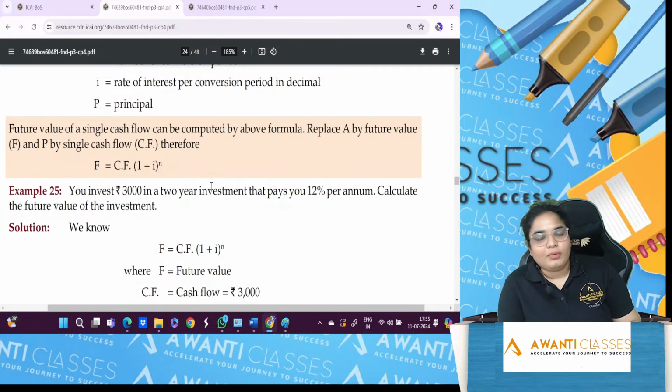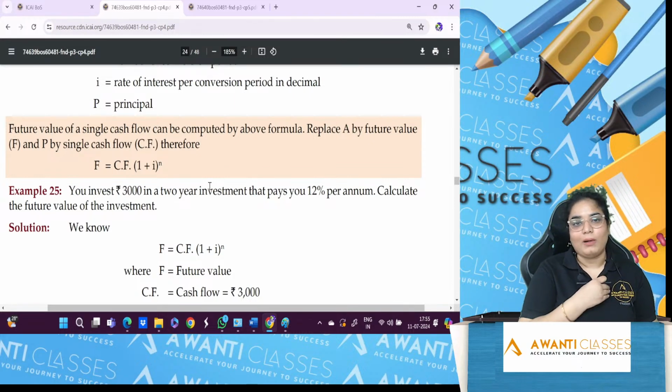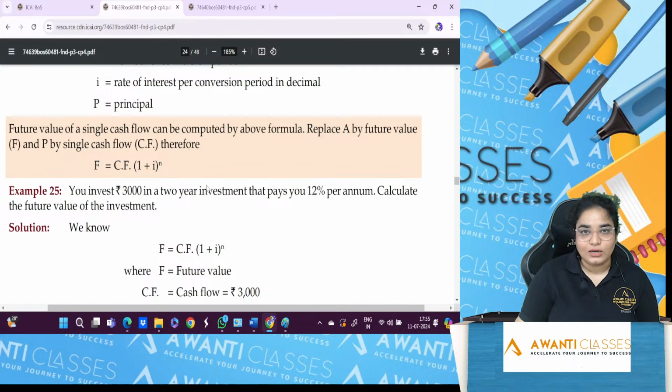If you remember accountancy, interest can be expenditure also, it can be revenue also. If I am giving interest on a loan, that is an interest expenditure. If bank is giving me interest on my savings, it is interest revenue, interest income. In this case, interest is the income.